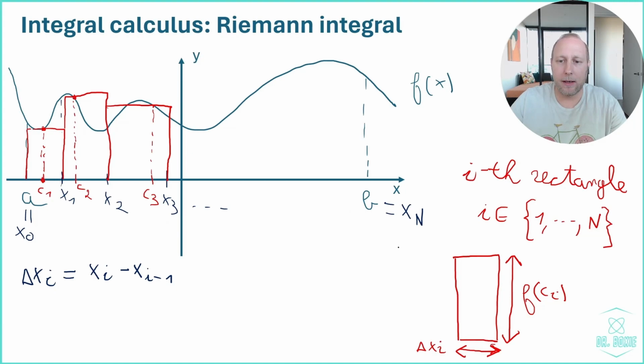And so the area of that rectangle is the product of its height and its width.